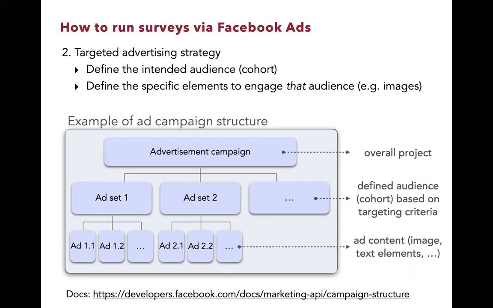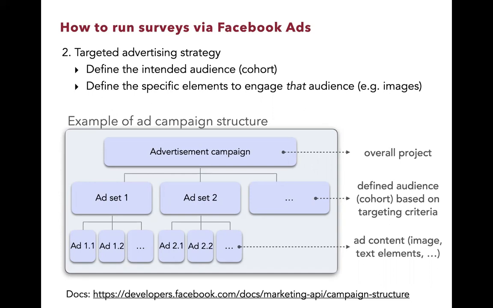And we'll see in a moment how it works in the Facebook interface, but just to give you an idea, the highest level is the advertisement campaign, which is basically the object containing your advertisements, your definition, and various metrics.